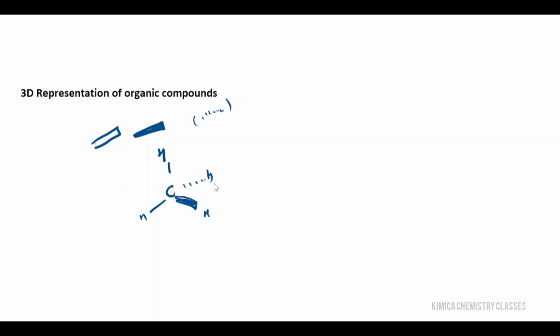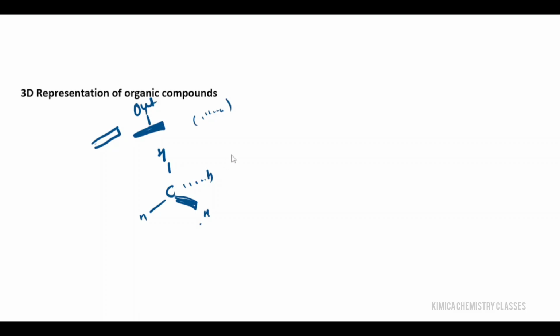So this is the structure of methane, as you can see. In this formula, the solid wedge is used to indicate the bond that is projecting out of the paper. This is showing out of the paper. Out of the paper means towards the observer.